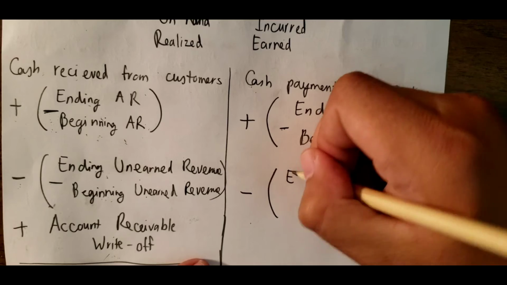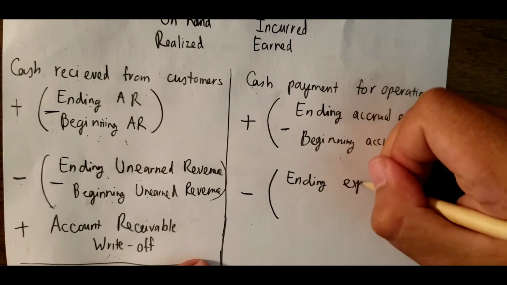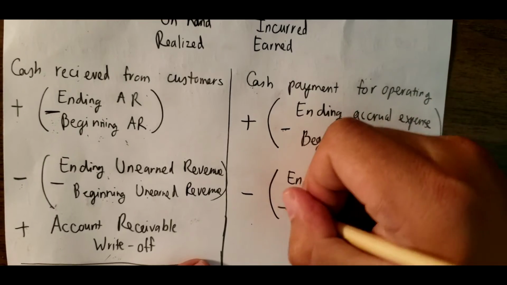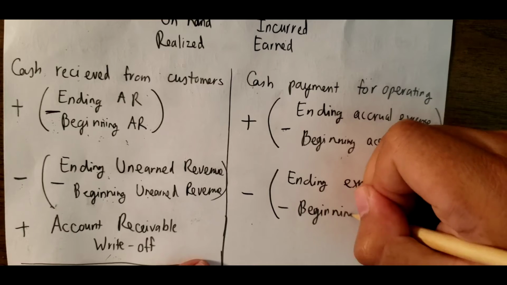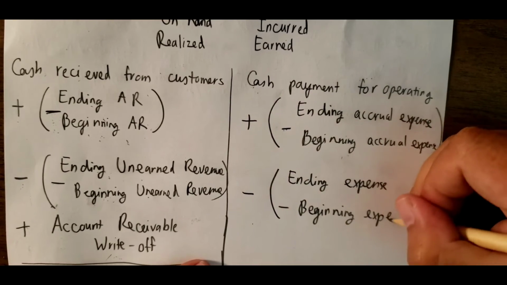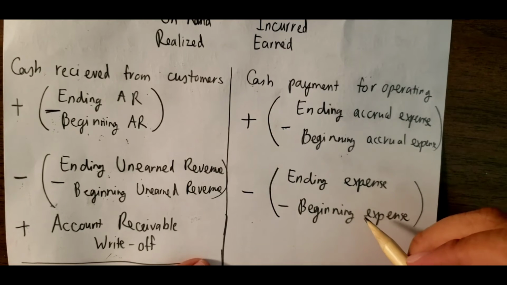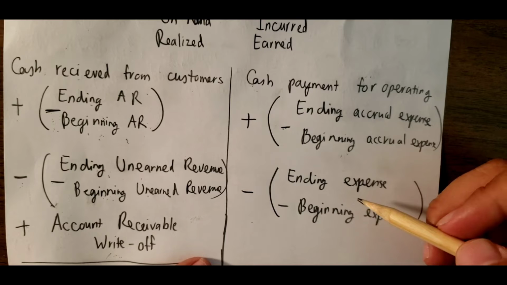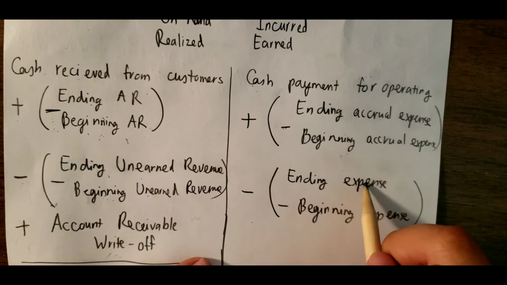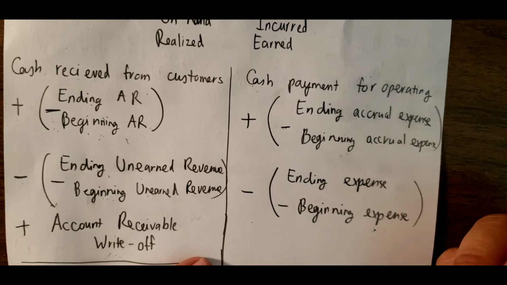Let's see about ending expense minus beginning expense, because this one we buy through the cash and we just finished the expense. So if ending expense is higher than beginning expense, it means we just pay the money out.